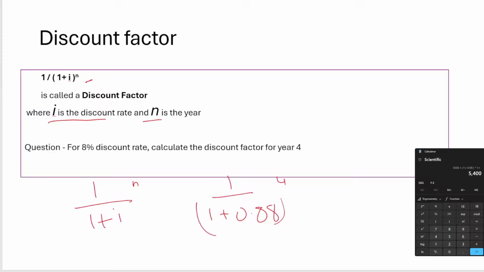So let's do the calculation, and we get this value, 1.36.